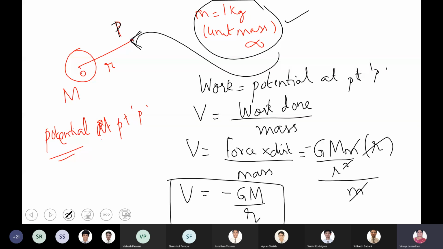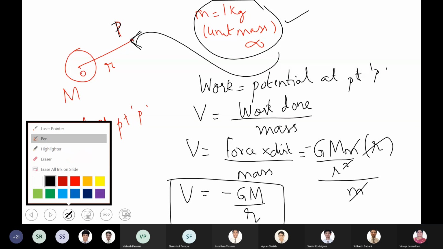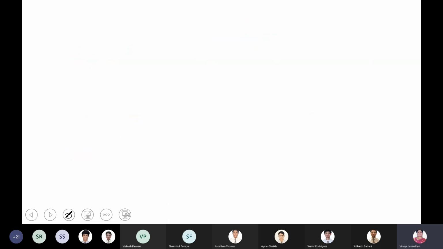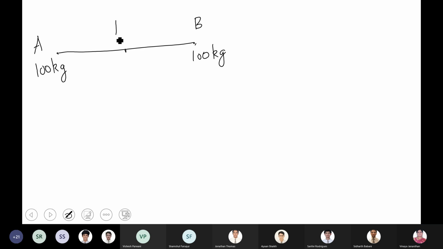Now we'll go for the numerical. What was your numerical? You have a body of 100 kilogram placed at point A. You have a body of 100 kilogram placed at B. Now I have to find the potential at point P. It's a scalar quantity, boys.